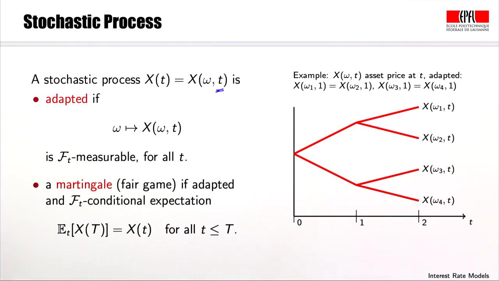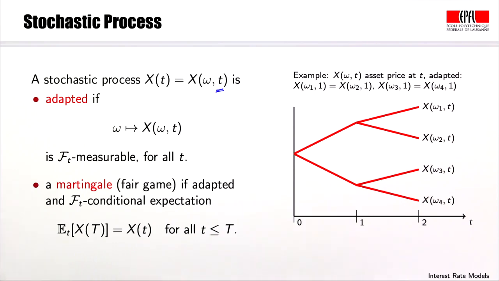We call X_t a martingale if it is adapted and such that at any time small t, the conditional expectation of the future values at some time point capital T is just equal to the currently prevailing value. A martingale is a model of a fair game in a sense that on average you cannot gain more than what you have today.